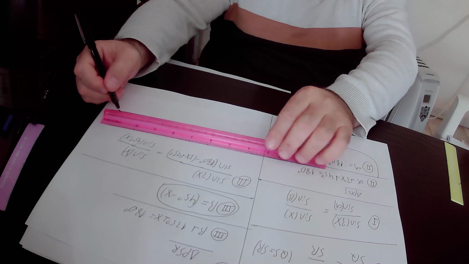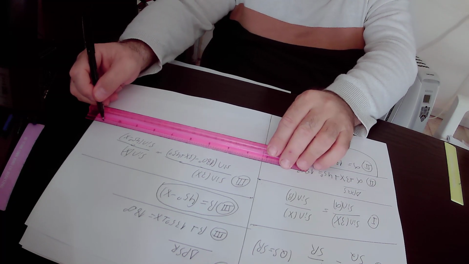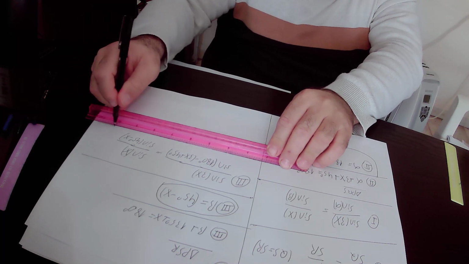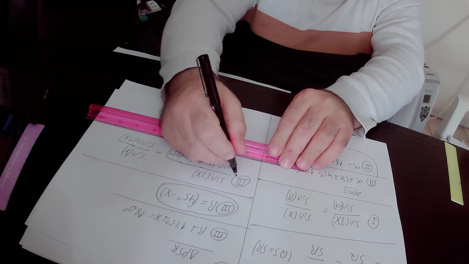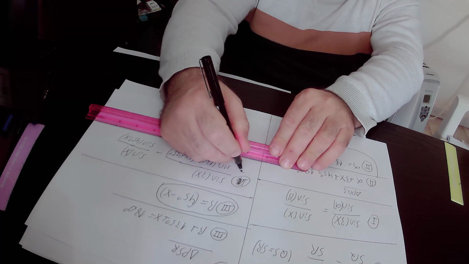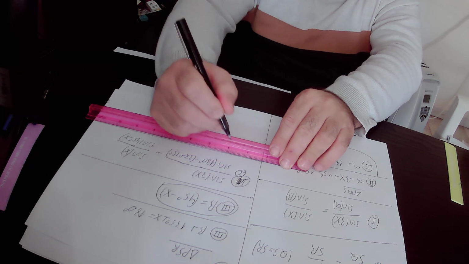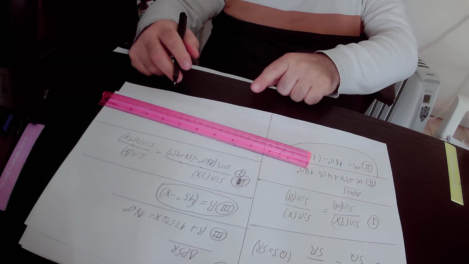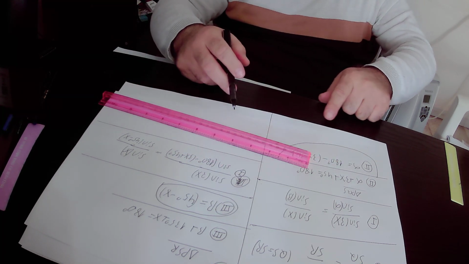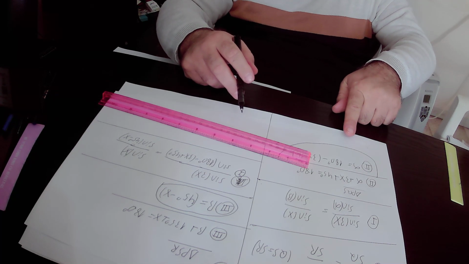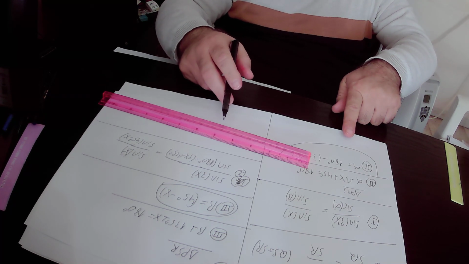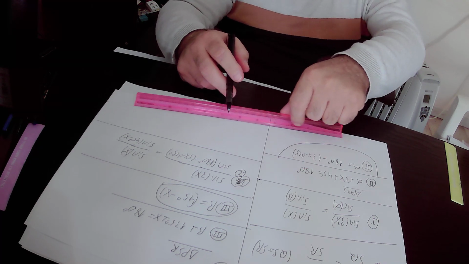Okay? This is actually equation number 1. We substituted alpha and beta in equation number 1 by the values that we have in equation number 2 and equation number 3, and we got this equation.